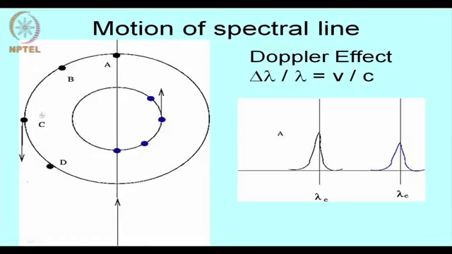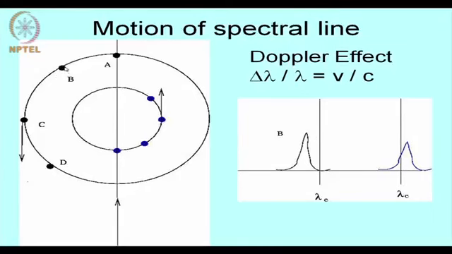So, we have a blue shift. This object is moving away from the observer. So, we have a red shift. So, the wavelength of this object in position B has shifted, it has become less, whereas the wavelength emitted from the object here, which is moving away from the observer, has increased.